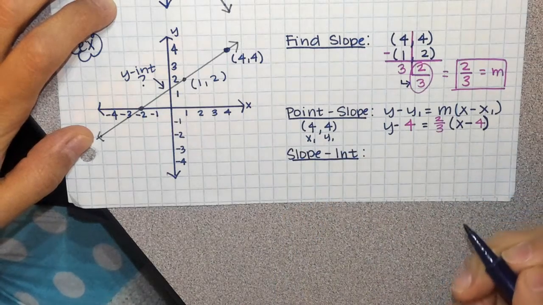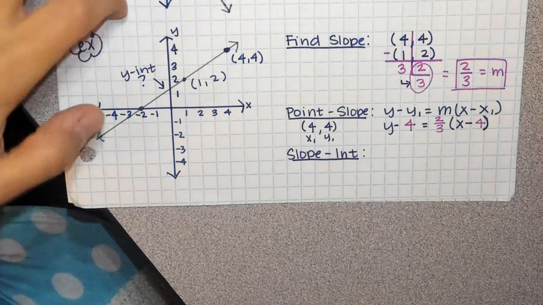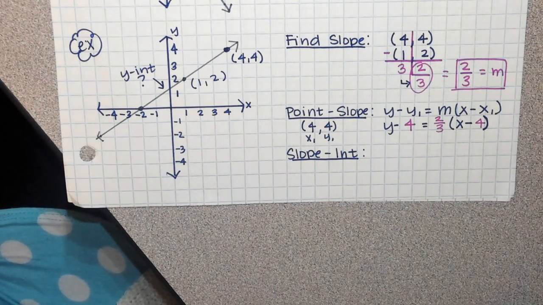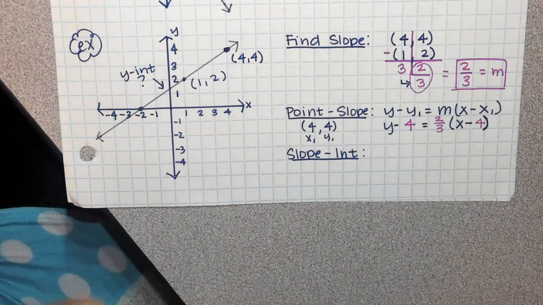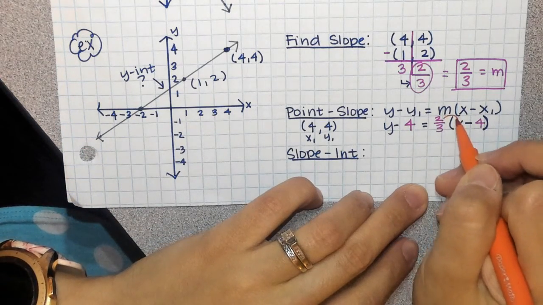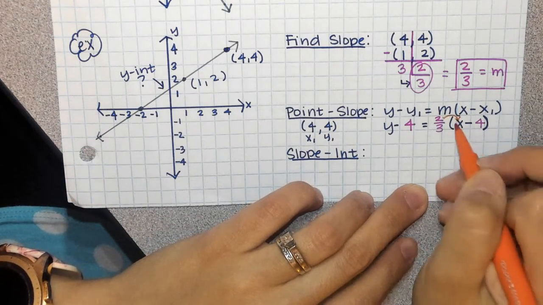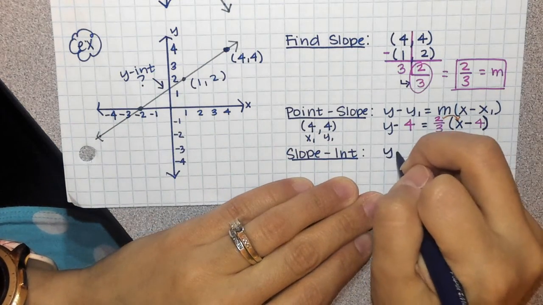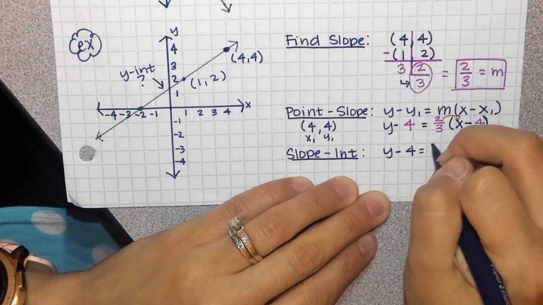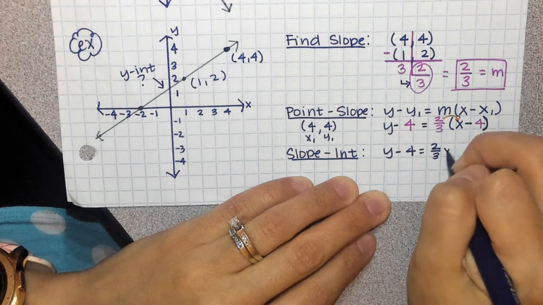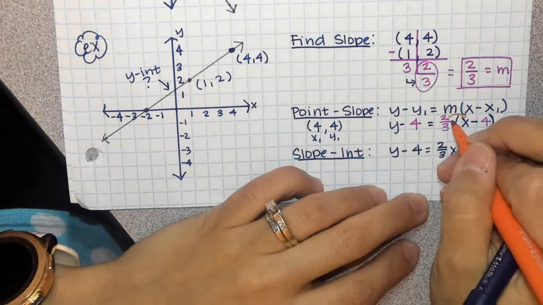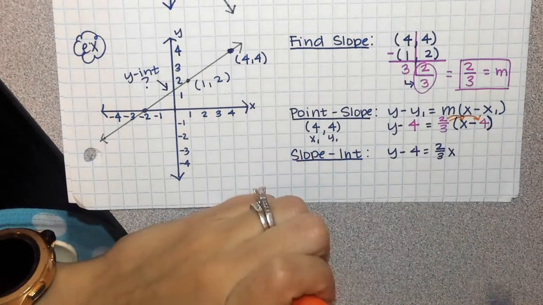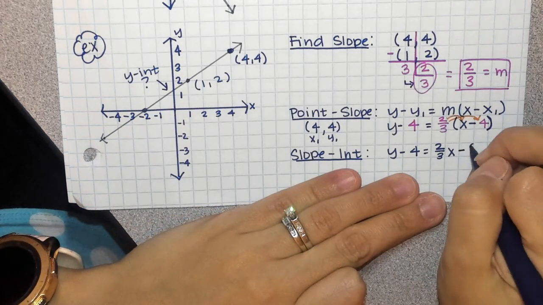And again, we've done this already. So the first thing I'm going to do is distribute the 2/3 to the x and then the 2/3 to the negative 4. So I get y minus 4 equals 2/3 x. And then 2/3 times negative 4 is negative 8/3.